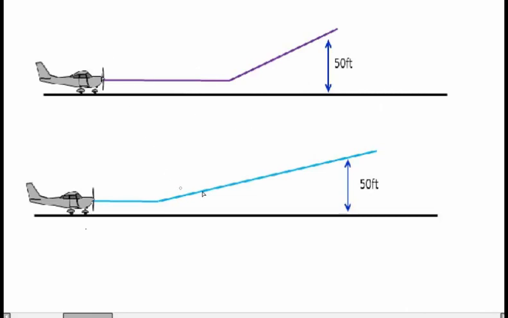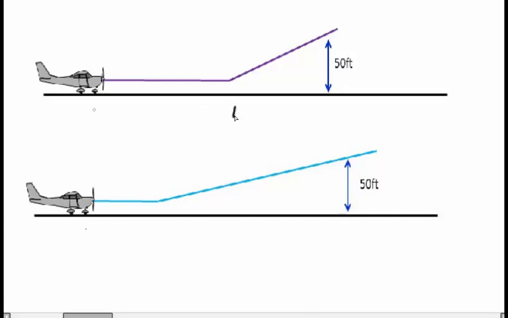Okay, as you can see in these two figures, I'll tell you what's the difference between the two. The first one, the takeoff distance, is longer than this one.